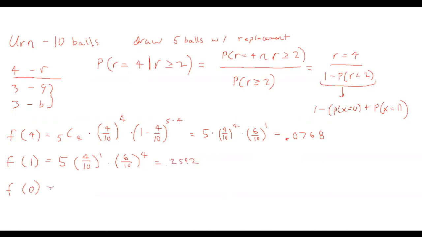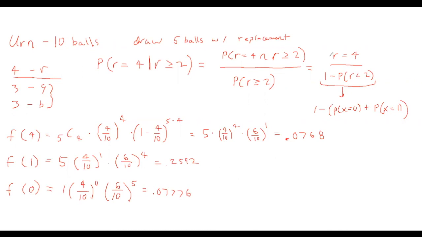And then for f of 0, it's going to be 1 times 4 over 10 to the 0 times 6 over 10 to the 5th, which is equal to 0.07776.